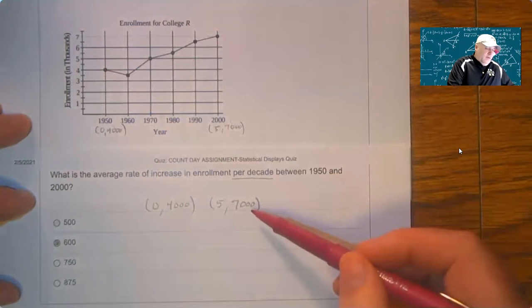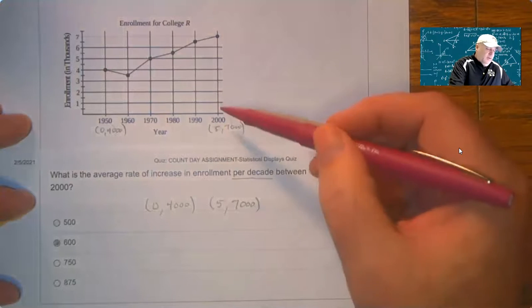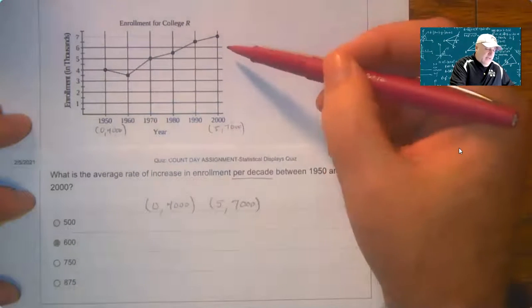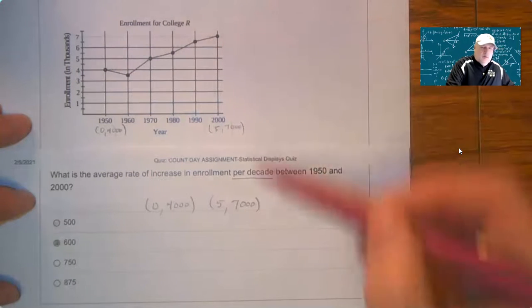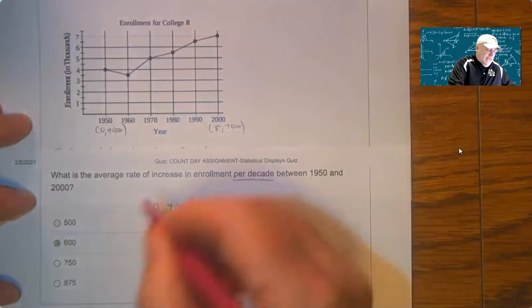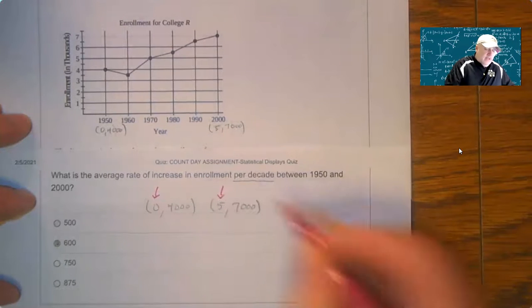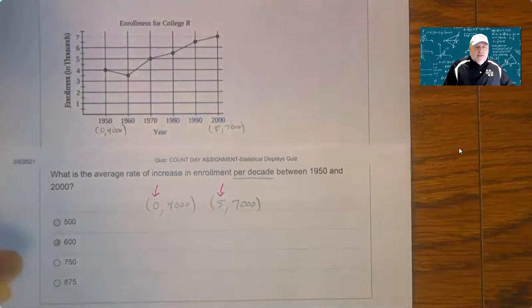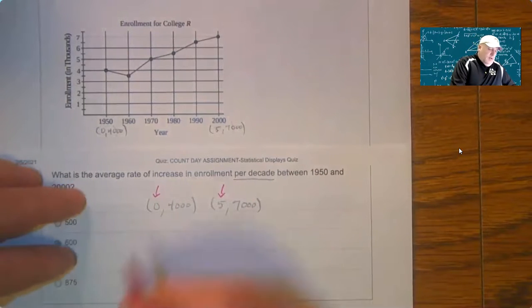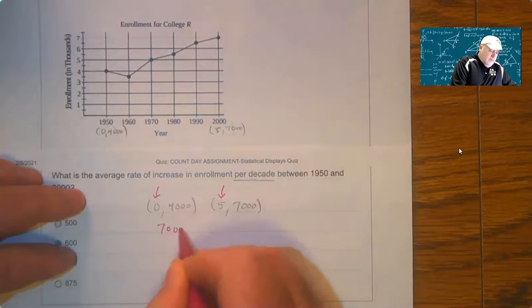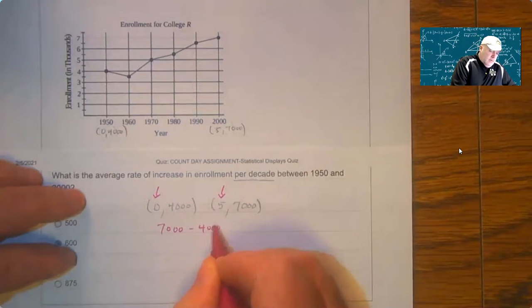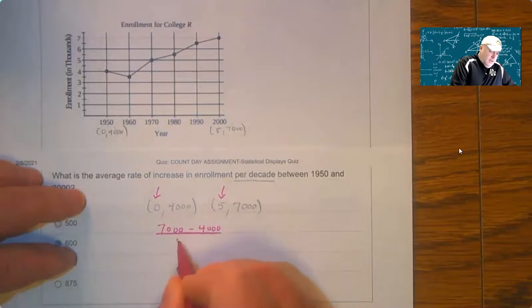And then 2000 is 5 decades later, and we have an enrollment of 7,000. So the X has to be in terms of decades. That's real tricky. Then you just do a slope calculation. Slope is average rate of change with units. Then you just do this calculation, and it's per decade.